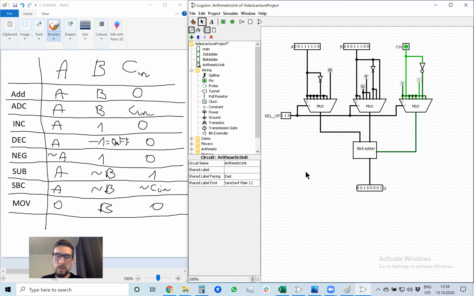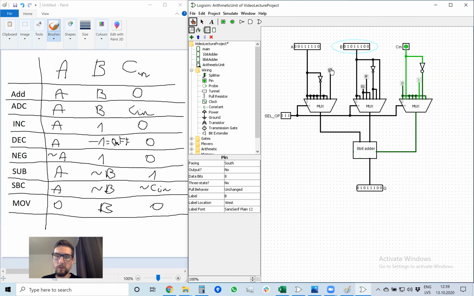And in this case, it's 0 plus B. The output will just be always equal to B if I select operation number 7. So it outputs B. And this way, we will be able to copy the value of the second register through general purpose register into first input later. So this is our arithmetic unit.